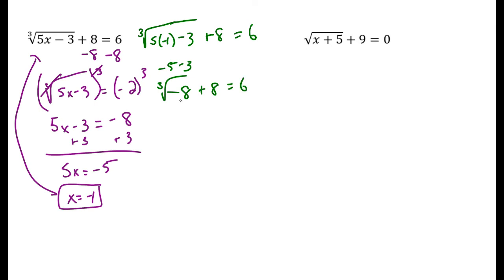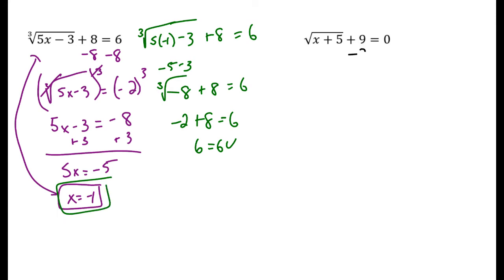Well, what number times itself 3 times gives me negative 8? It's okay to have a negative inside of a cube root. If this was a square root, we'd have to call it quits here. But because it's a cube root, it's okay. Negative 2 times negative 2 is 4, times negative 2 is negative 8. So the cube root of negative 8 is negative 2. Plus 8 equals 6. 6 does equal 6. So x equals negative 1 is a solution.